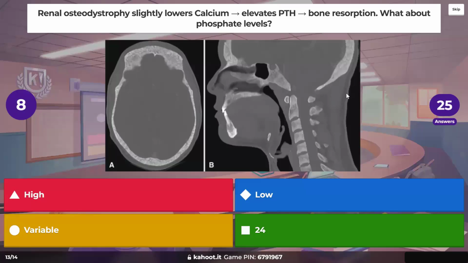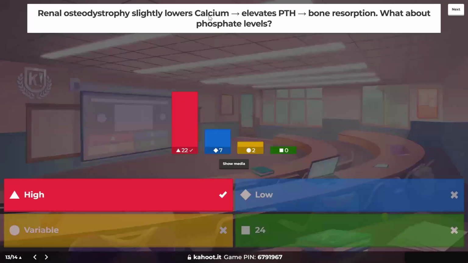What's phosphate levels going to do? Just to go through the whole thing here, renal osteodystrophy, because of that lack of the active vitamin D, you're lowering calcium, which then elevates PTH, increases bone resorption to try to maintain normal calcium levels. Most of you did get it, yeah.